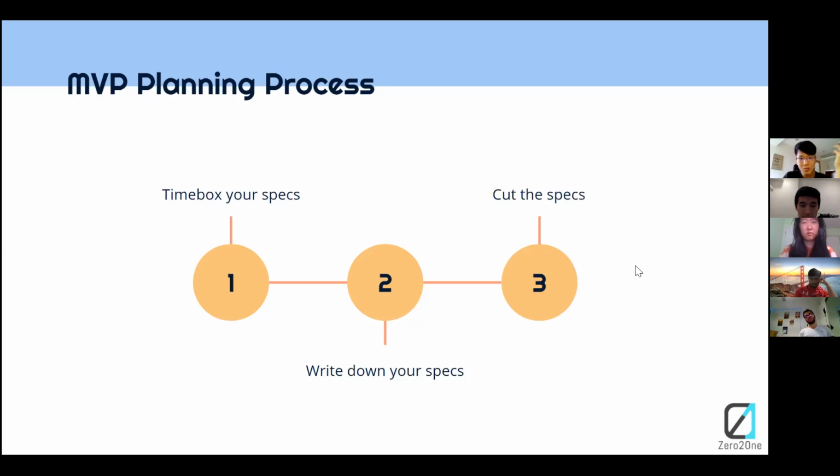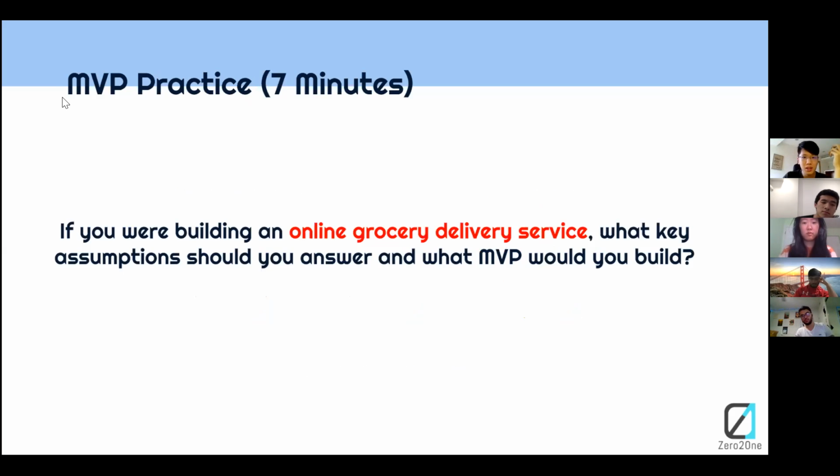Yeah. So let's do our one last practice session. If you were building an online grocery service, what kind of key assumptions would you answer, and what MVP would you build after you see all these examples, the process of building an MVP, time boxes, and the specs that you want?